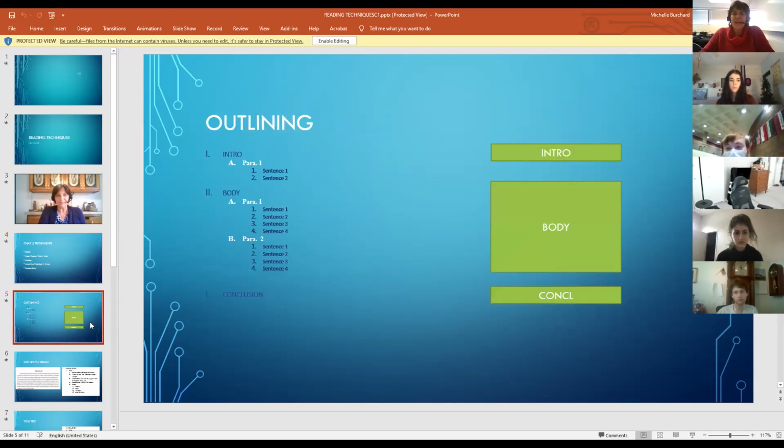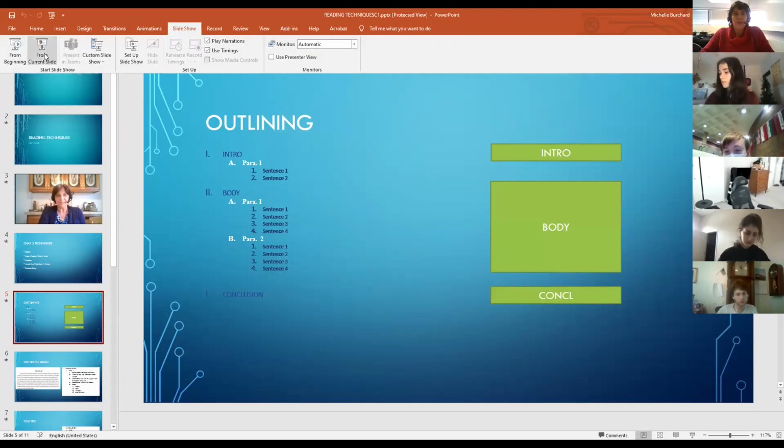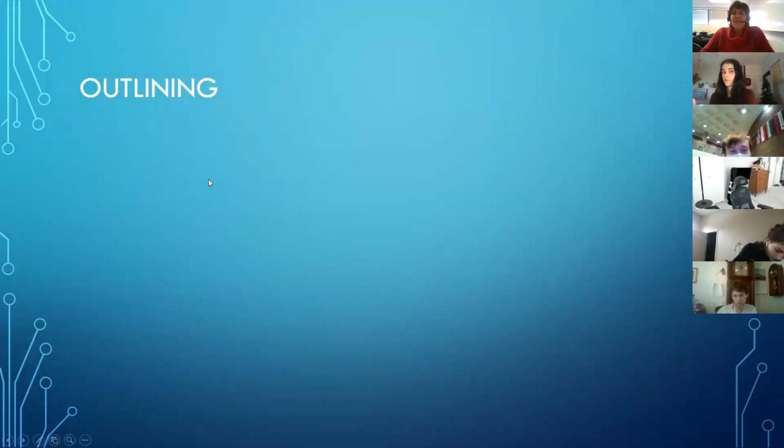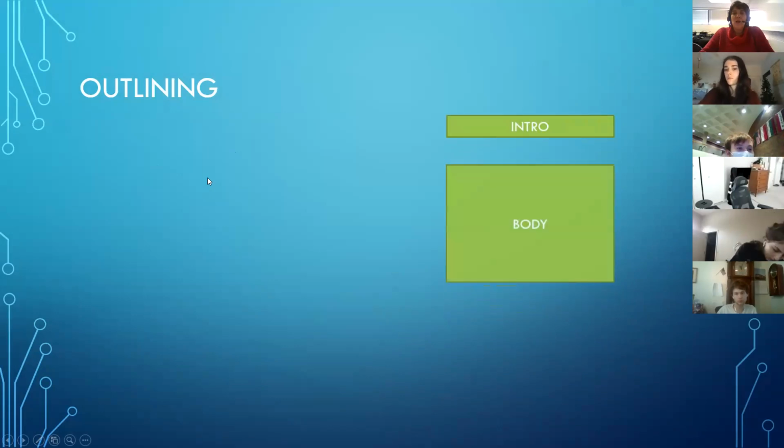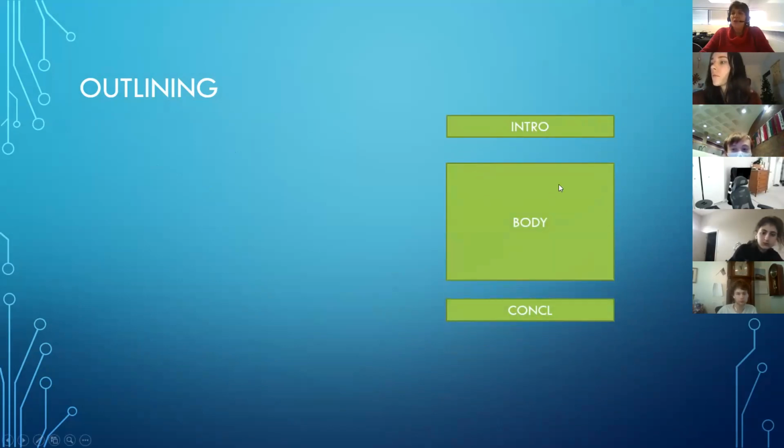So to begin, I wanted to introduce you to a formal outline, which is what you see over on the left here. I'm going to do this as a slideshow so it makes sense. All right, so when we outline, we have basically a 1, 2, and 3. The 1 represents your intro, your 2 is your body, and your 3 is your conclusion.